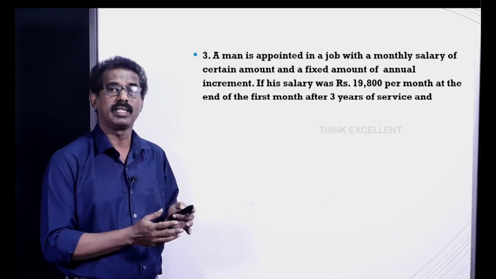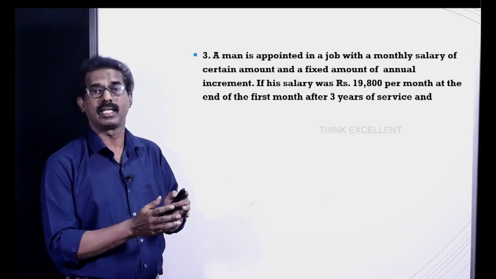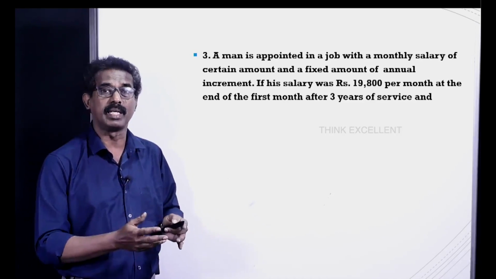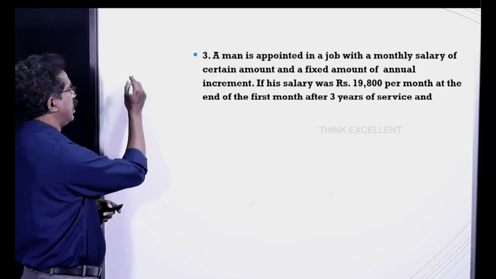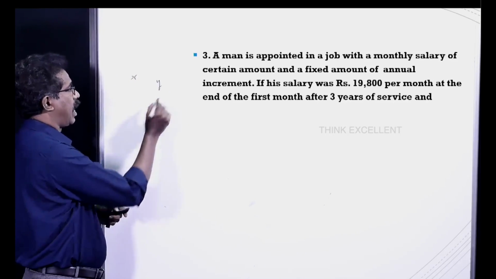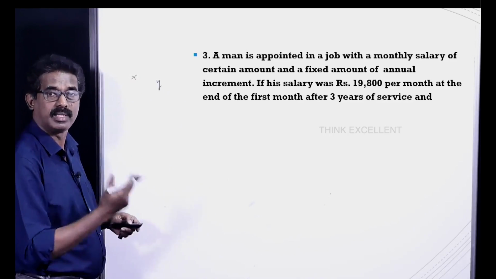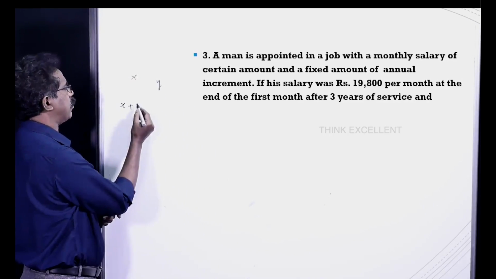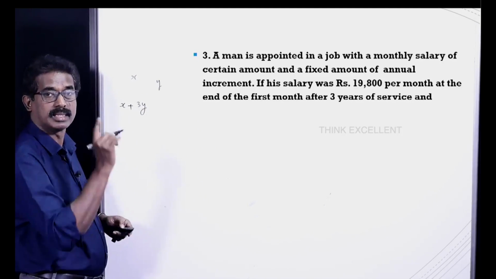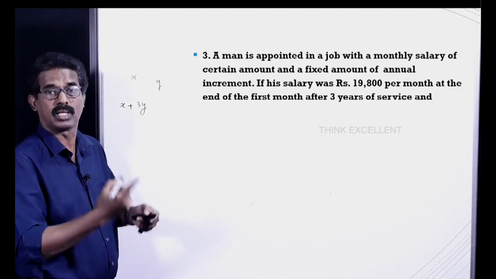Okay, so I'm taking the salary as X and the increment as Y. After 3 years, 3 times he will get the increment, so 3y. In the example I said, 3 times 1,000, so 3,000, right?